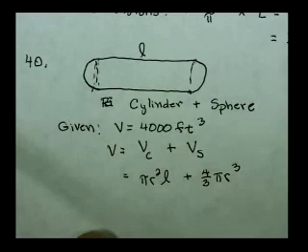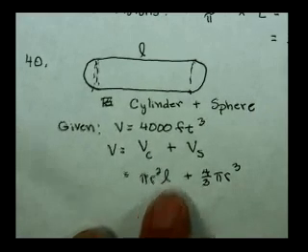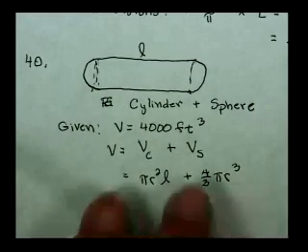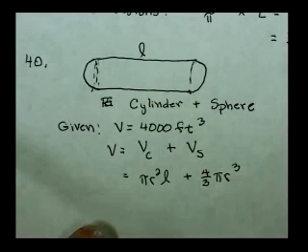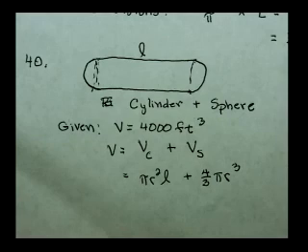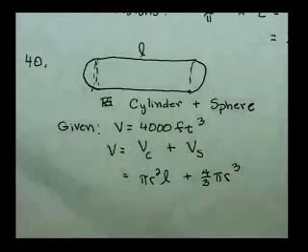It'd be a whole lot easier to get this L by itself than it would be pretty nasty to solve that for R. So is that your primary equation? Not yet, because the problem doesn't say maximize volume. It says minimize cost. So I don't have my primary equation until I have a cost equation.